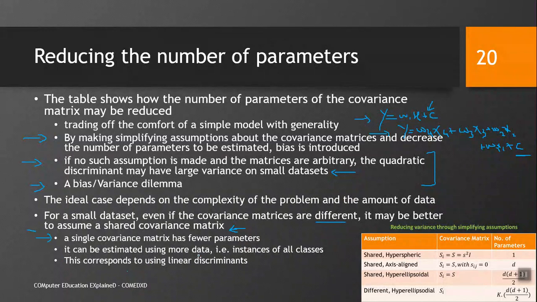It can be estimated using more data instances of all classes, and this corresponds to using linear discriminants. It means that if we can apply these simplifications on our data set, we can have a linear discriminant function or a distance function to classify them.